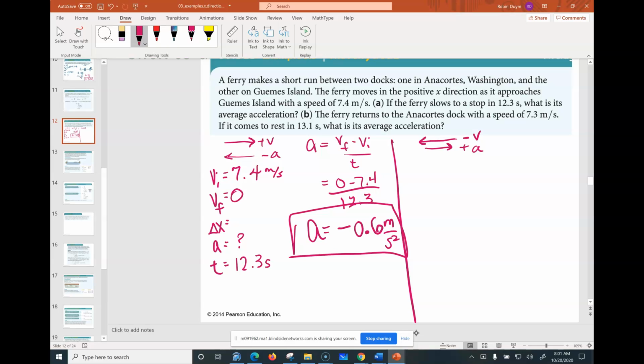If my acceleration is positive, that must mean I'm definitely speeding up, and that's not necessarily true. So now that we've thought that through, we get VI, VF, delta X, a, and t. We want to know the acceleration for this part. It comes to rest in 13.1 seconds.